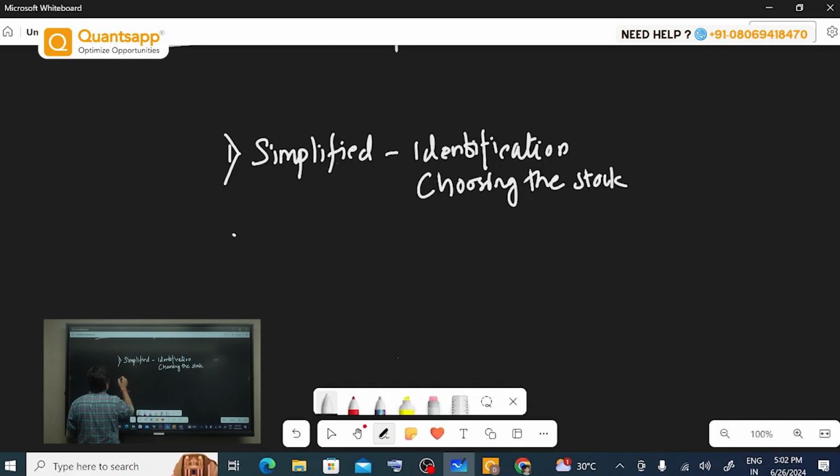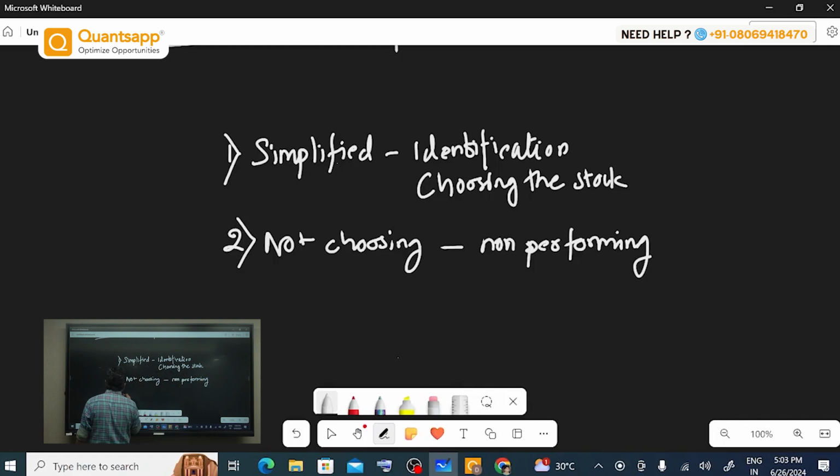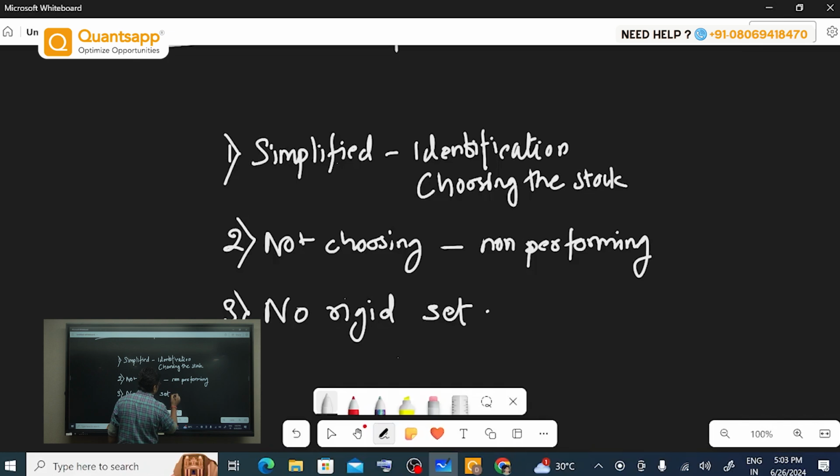The second one is that I will be staying out of those stocks which are not performing well, so not choosing non-performing stocks. Then the third one will be no rigid set of stocks.